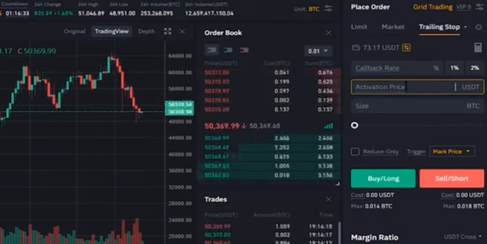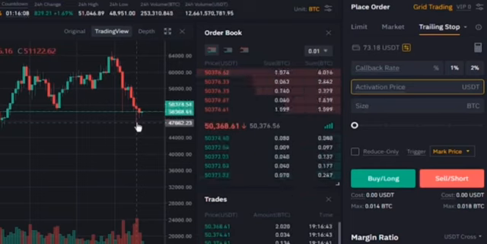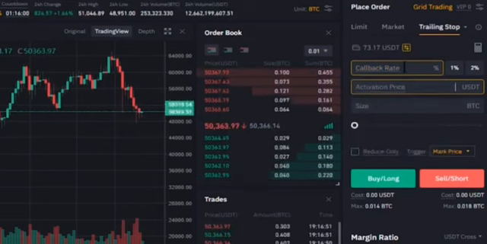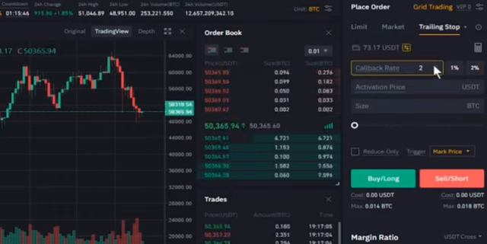If you don't fill the activation price, the current price of the market will be considered and the trailing stop will be placed lower than the current price of the market, 1%, 2%, or whatever percentage that you set for the callback rate here. Let's set the callback rate to 2%, for example. Please pay attention that choosing the percentage for callback rate depends on your risk management strategy and also the volatility of the coin that you're trading.